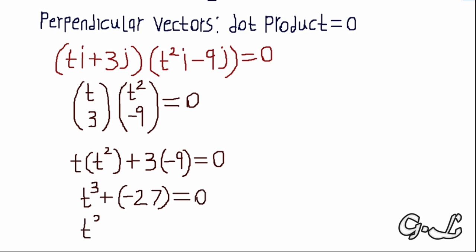You need to remember that one. So there we have t cubed minus 27 is equal to 0, because positive times negative will equal negative. So for that reason, we're going to make t cubed the subject. So t cubed is equal to 27.